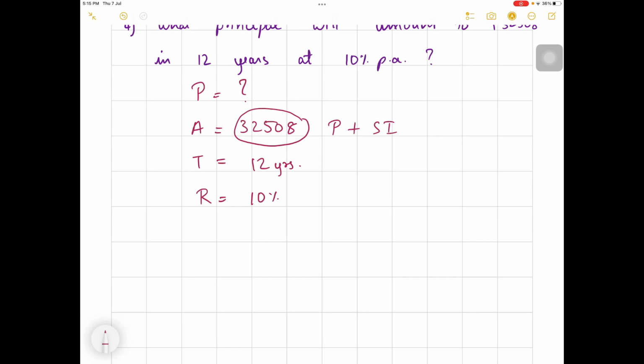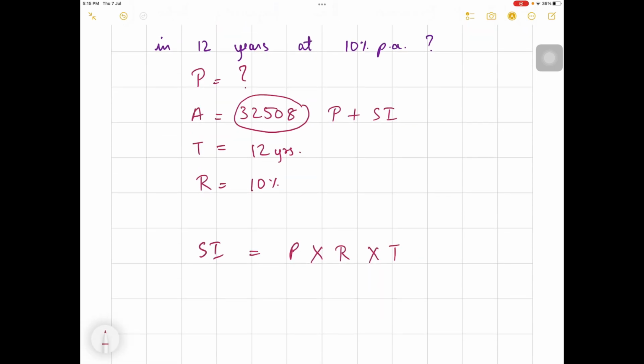Now, simple interest is equal to P into R into T. Simple interest we don't know, principal also we don't know, but we know the amount, and amount is principal plus simple interest.